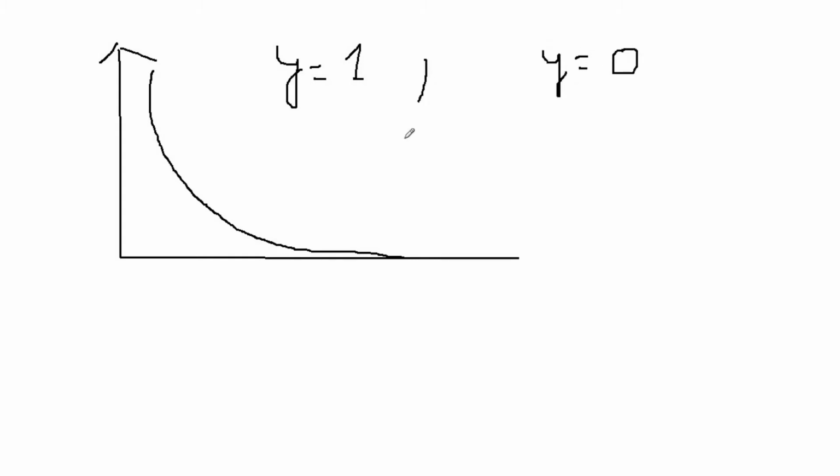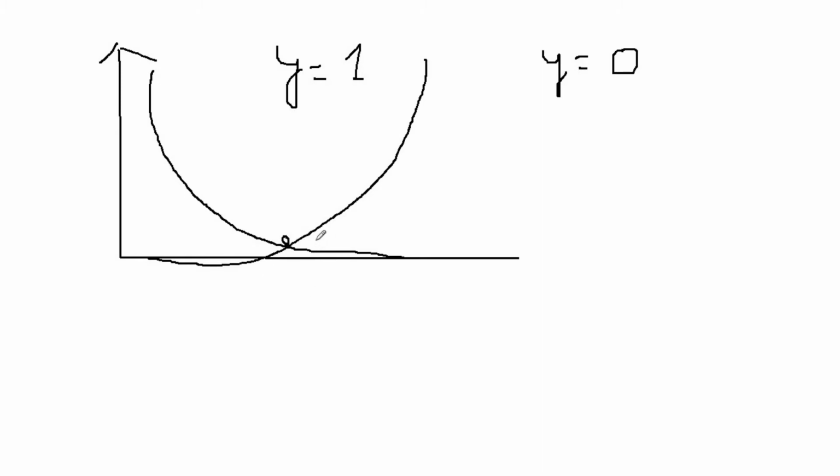So this is the curve when y is equal to 1, and when y is equal to 0, the curve goes something like this. Sorry for my bad drawing. So here easily the gradient descent will be able to converge.